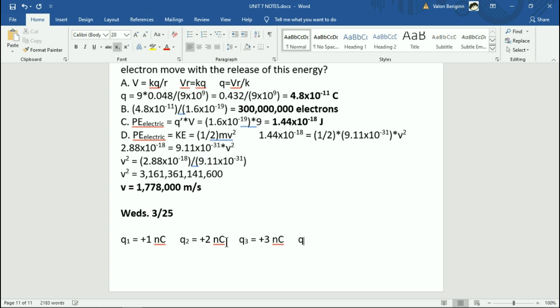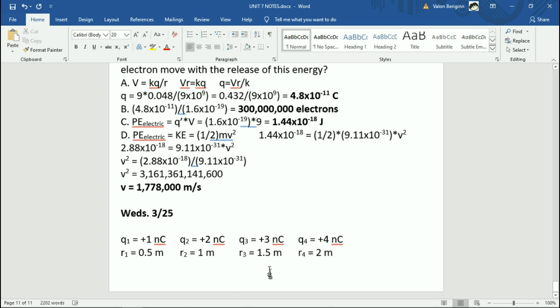And Q4 equals plus 4 nanocoulombs. Now my distances: R1 is half a meter, R2 equals 1 meter, R3 equals 1.5 meters, and R4 equals 2 meters.